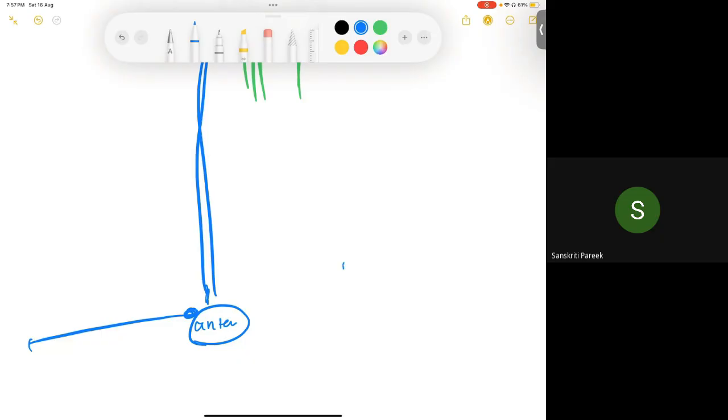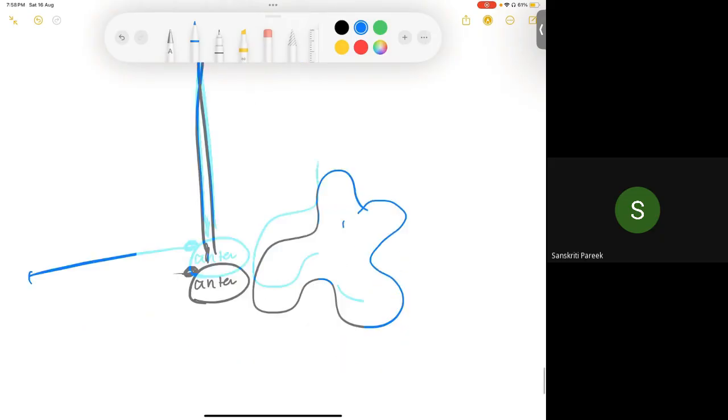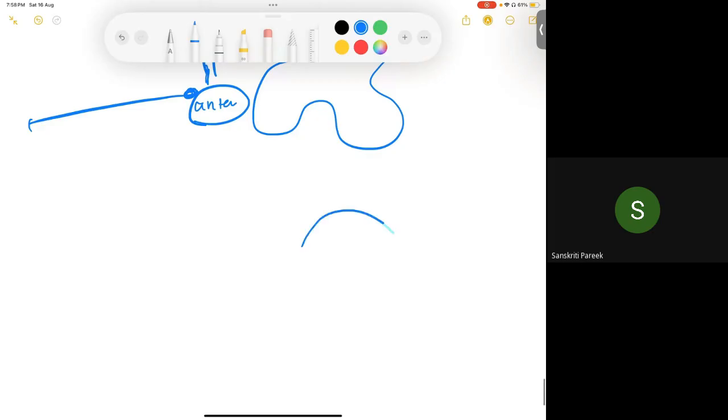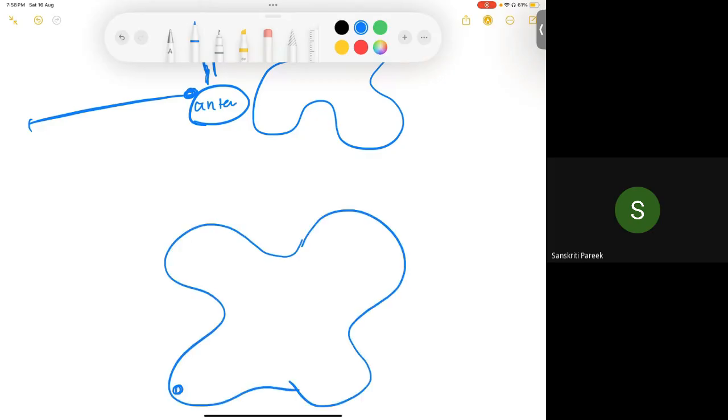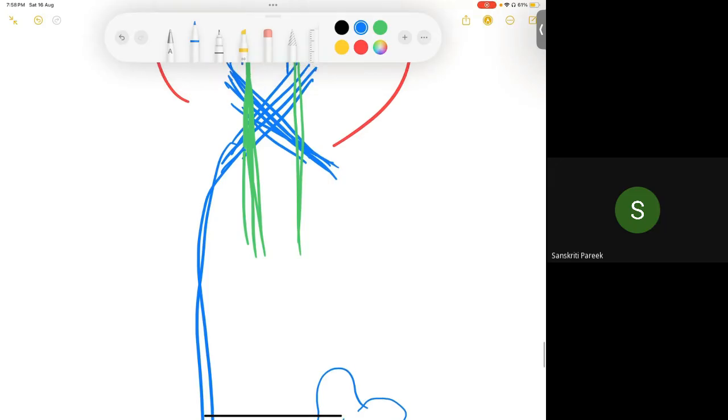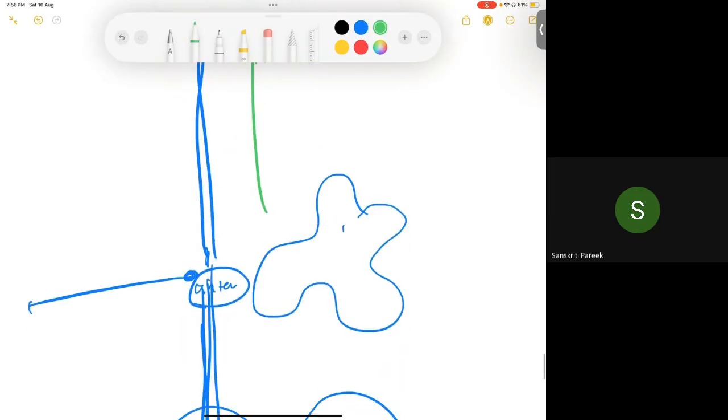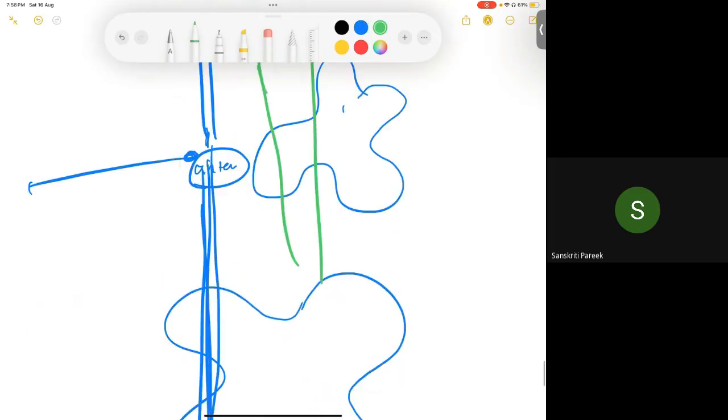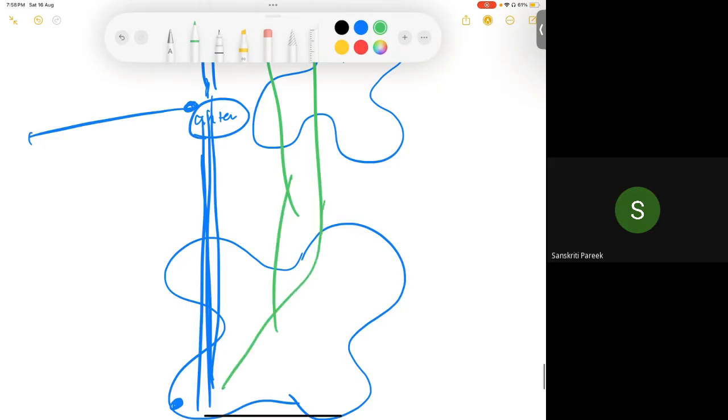Okay, for example, if this is your spinal cord, anterior horn, right? So these 90% of fibers are going to synapse here in the anterior horn, while the remaining 10% are going to come down and decussate at the level of the spinal cord.